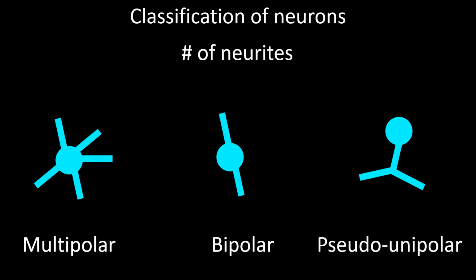The third group of neurons classified based on the number of neurites are the unipolar or pseudo-unipolar neurons, the latter term being more appropriate because developmentally they start as bipolar and progressively approximate their neurites to the point of fusion of the process close to the soma.